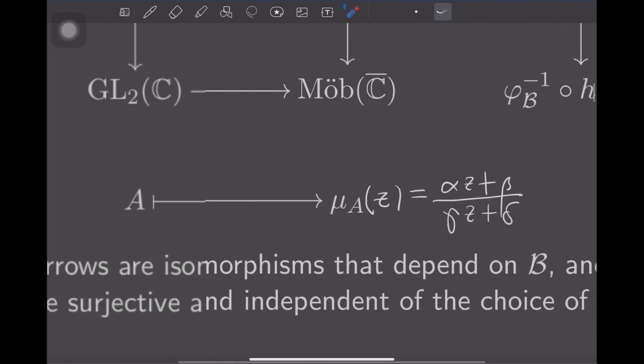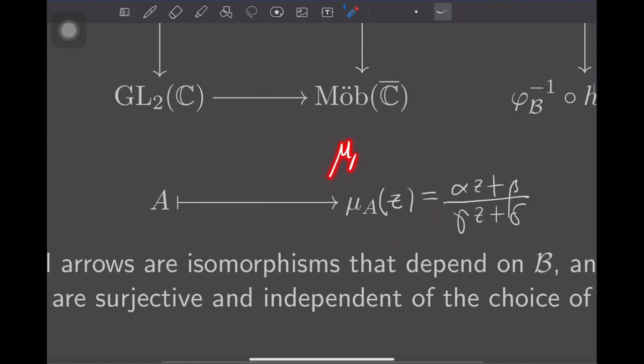In other words, mu of A is equal to mu of lambda A for all non-zero lambda. In particular, mu of lambda times the identity matrix is just the identity of C bar. So we know that multiplication by non-zero complex numbers doesn't modify the Möbius transformation.